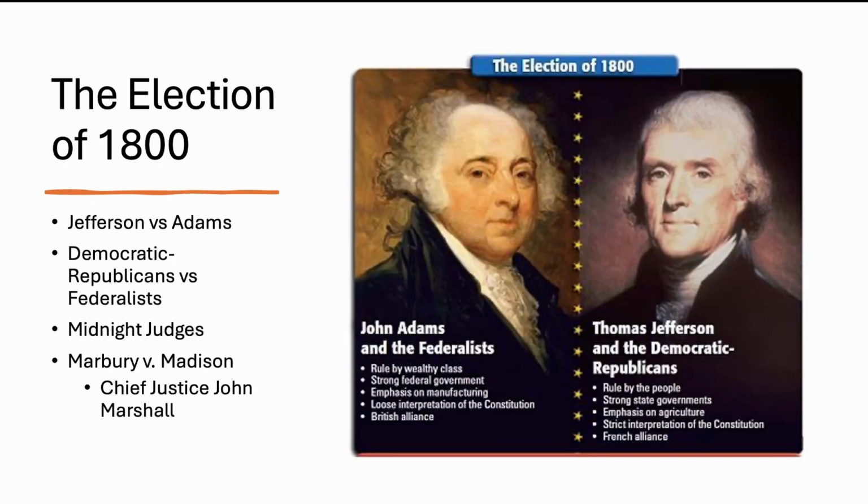So the decision gets sent to the Federalist-controlled House of Representatives, where Jefferson becomes president because Aaron Burr is framed to be way worse than him. So Jefferson becomes president, and it's a peaceful transfer of power, which continues to this day when we transfer presidents.